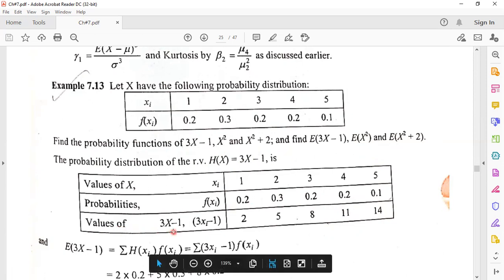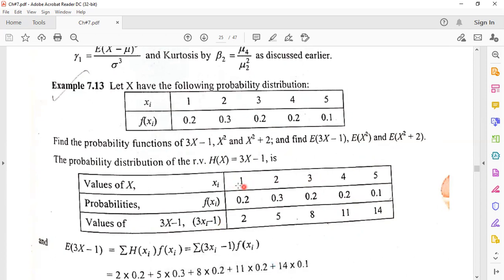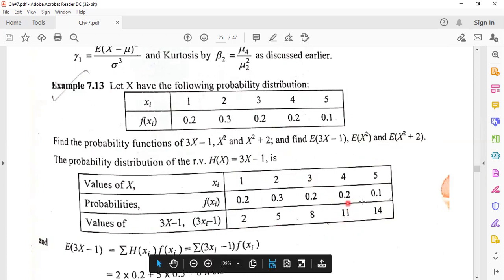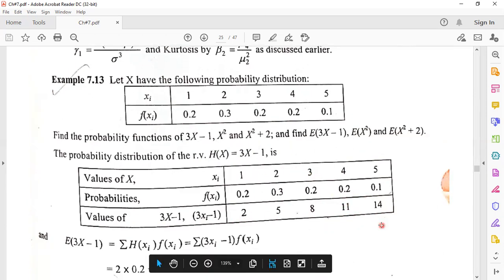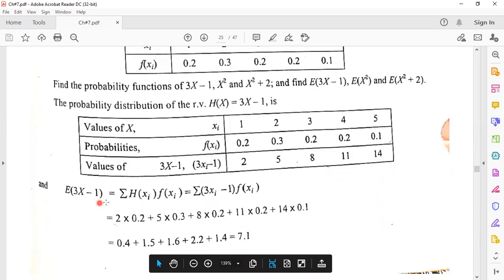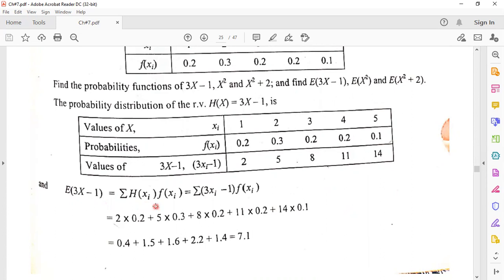Values of 3X minus 1 यानी 3xi minus 1, 3 से मल्टीप्लाई करने के बाद 1 उसमें से माइनस कर, तो इस पूरी रो को 3 से मल्टीप्लाई करके 1 माइनस कर दें तो ये वाली रो बन जाएगी. Expected value of 3X minus 1 equals summation h of xi into f of xi, which is equal to summation 3xi minus 1 into f of xi.